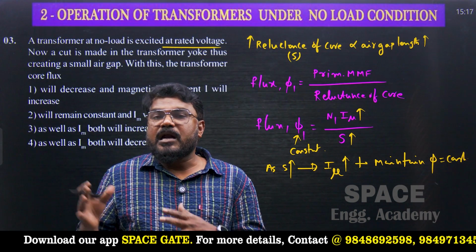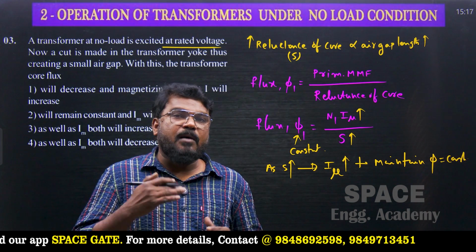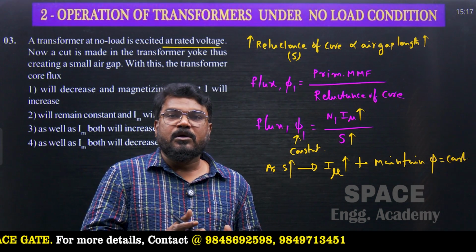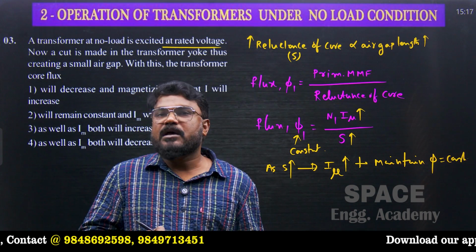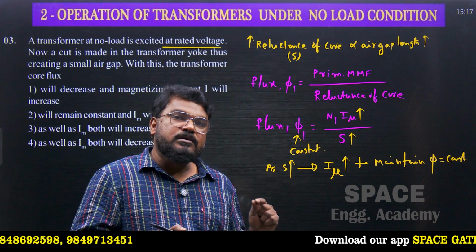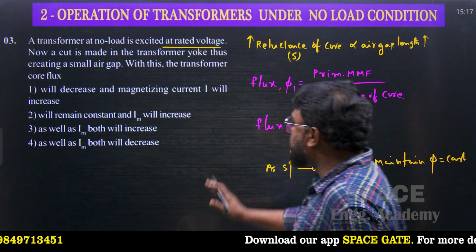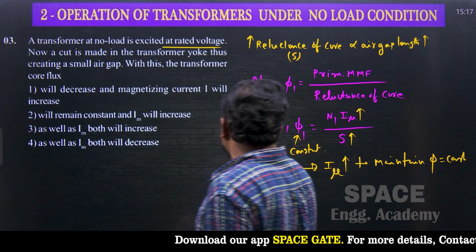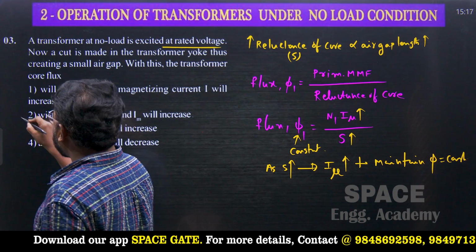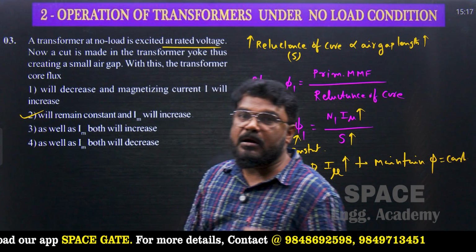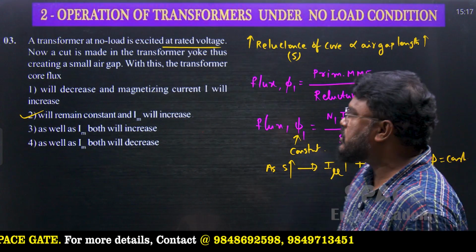It means the transformer draws an extra amount of current from the source to produce the same amount of flux because of that small air gap in the transformer core. So the answer for this question: flux will remain constant but magnetizing current will increase. So option number 2 is correct.